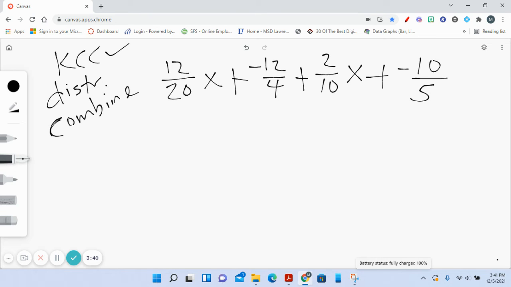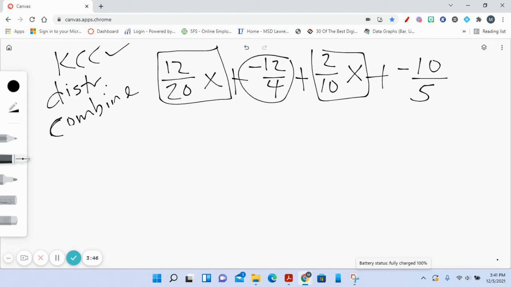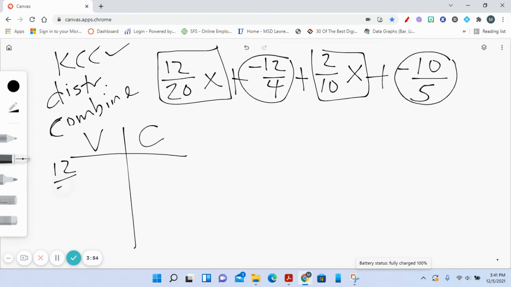Okay, so let's go ahead and put boxes around our variables and circles around our constants. Let's make our t-chart, variables and constants. So we have 12 over 20x, and we have 2 over 10x, and then we've got -12 over 4, and a -10 over 5.